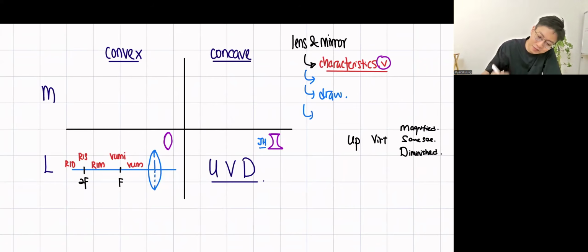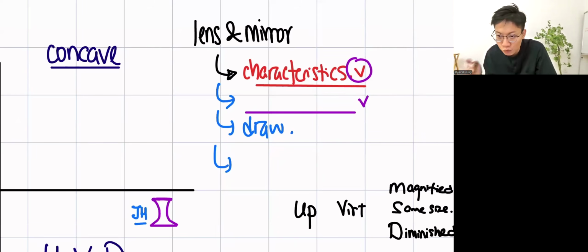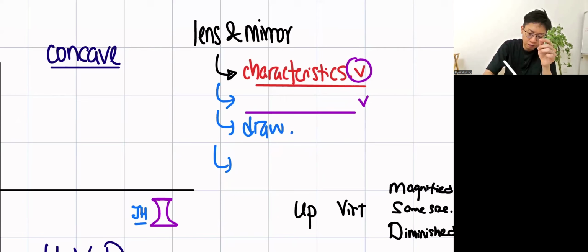Okay, next. After characteristics, what is the second killer of most people's weakness in physics? Guys, it is this thing called application.